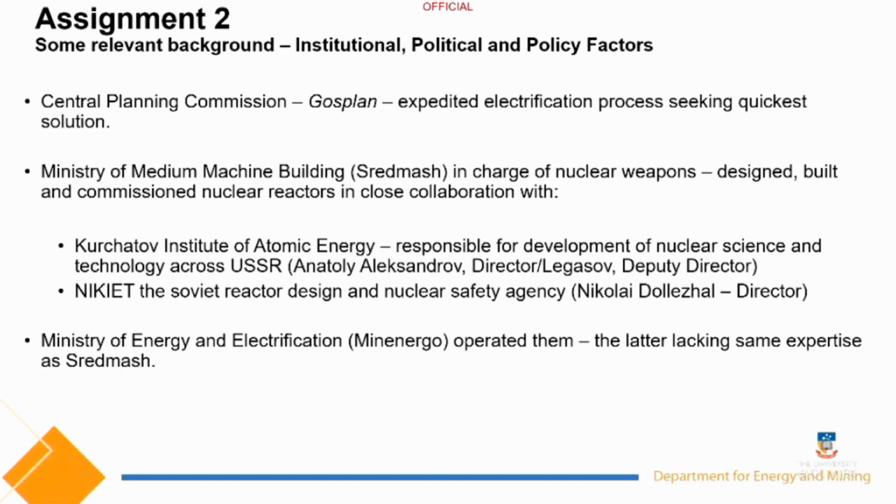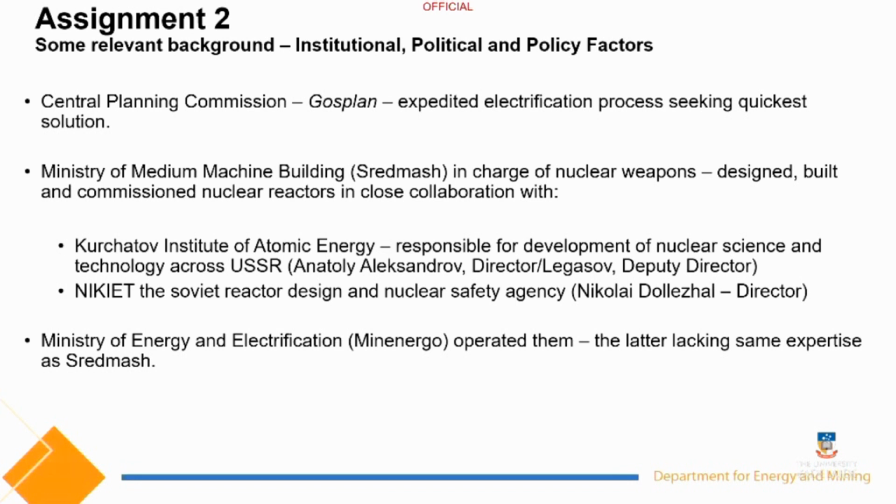The Central Planning Commission, known as GOSPLAN, was the commission responsible for expediting the electrification vision of Russia and seeking the quickest, most cost-effective solution.